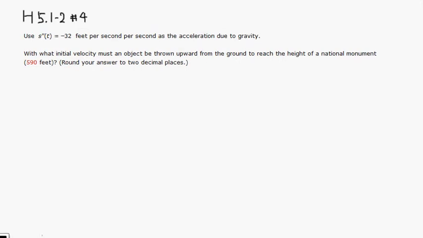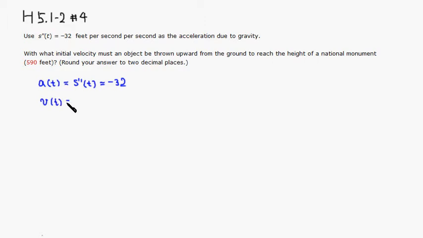Since we have acceleration, maybe I should write it as a of t. So this is acceleration, which is the same thing as the second derivative of the position function, or height function in this case. So this is negative 32, right? So we can find the velocity function, which I'm going to call v of t.